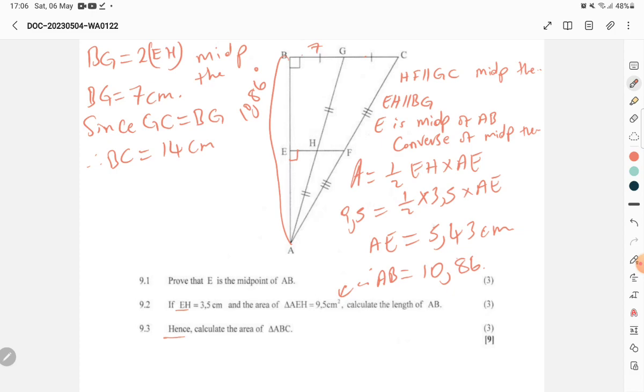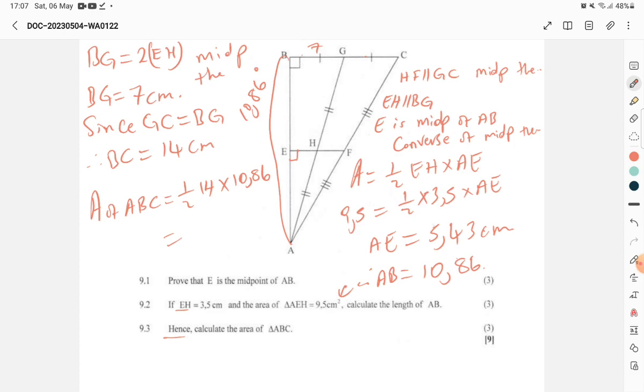So it is very wise now to also calculate the area of ABC that way. The area of ABC is given by half times the base, which is 14, times the height, which is 10,86.